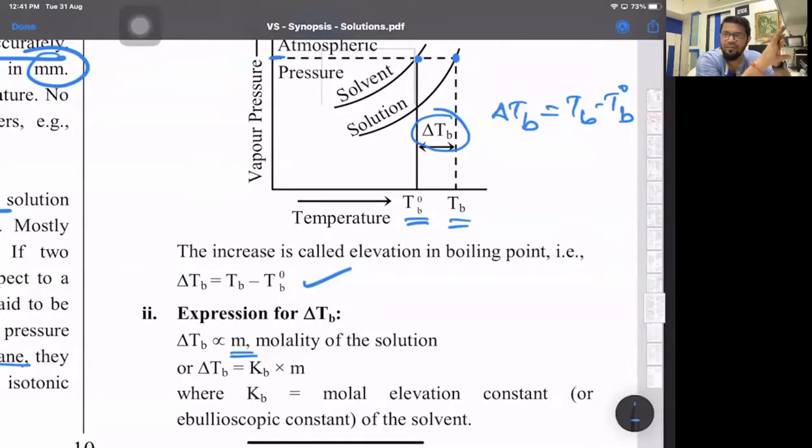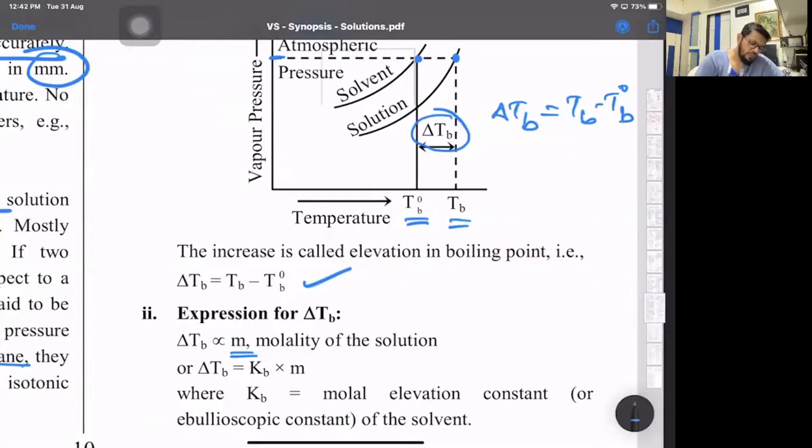All three have different masses, but all three are dissolved in 1 kg of water. Now, which concentration unit depends on the mass of solvent? It has to be molality, small m. That's why, if all three dissolved in 1 kg of water have the same elevation in boiling point, they are directly proportional to the molality of the solution.